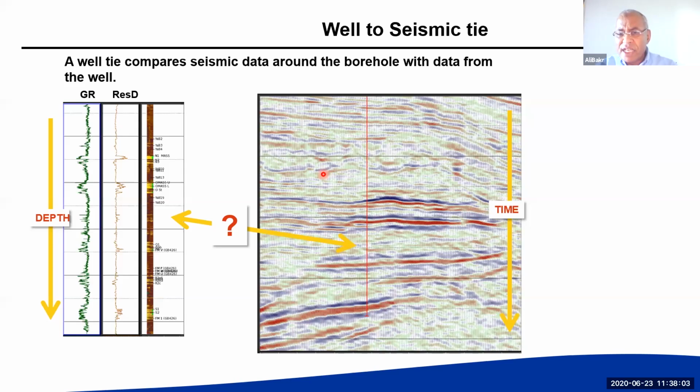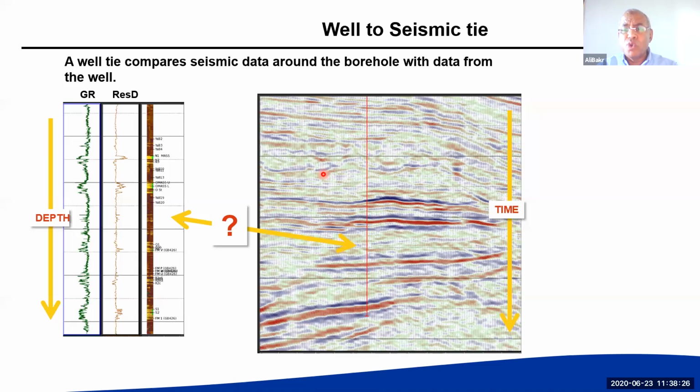The way of creating a synthetic seismogram is not our issue here. I don't want to go into the details of drawing it, but just understand the idea that I can transfer the well tops from my well logs, from the depth domain, into my seismic in the time domain using the synthetic seismogram.